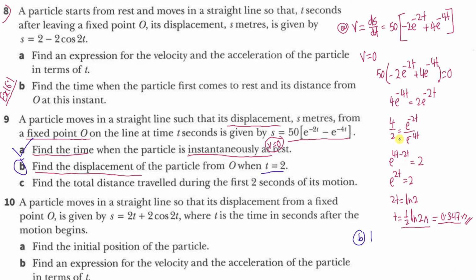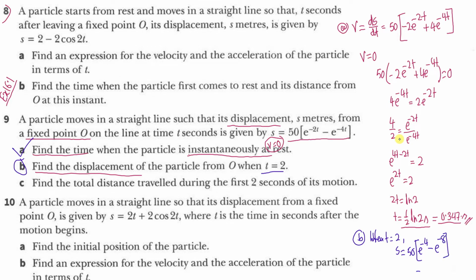So when t equals 2, our displacement is, we just need to put the value of t in our displacement equation, 50 times e to the power minus 4 minus e to the power minus 8.